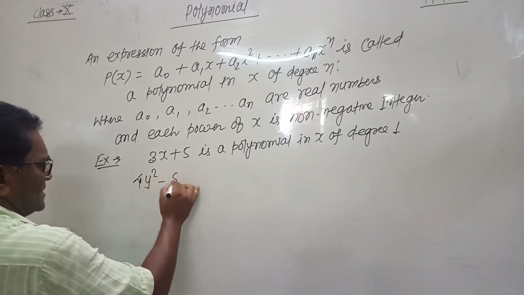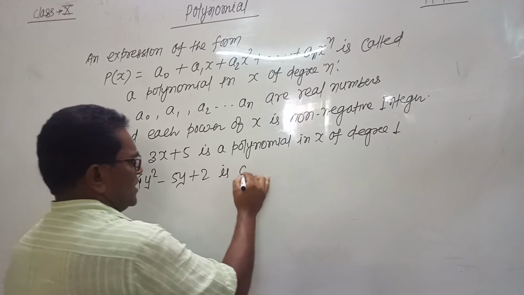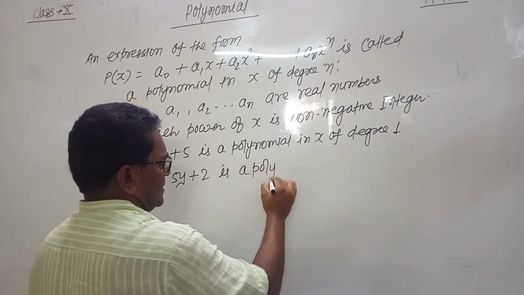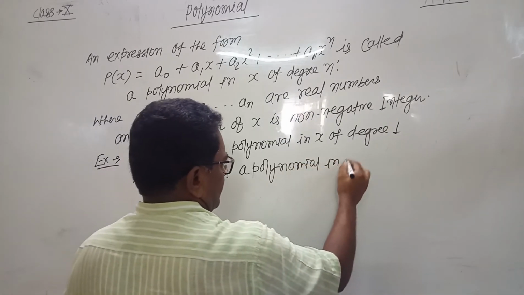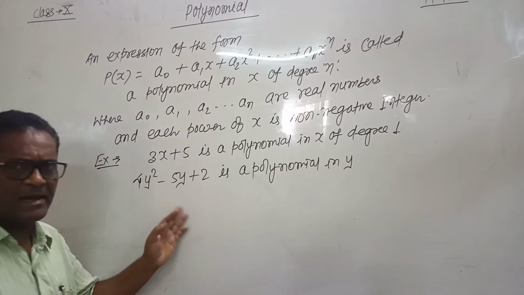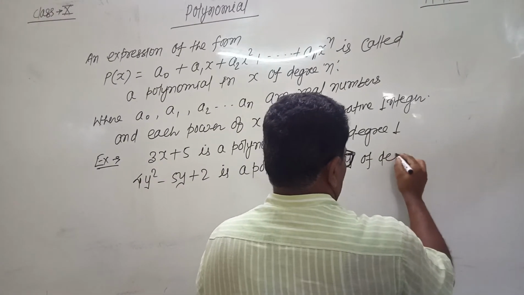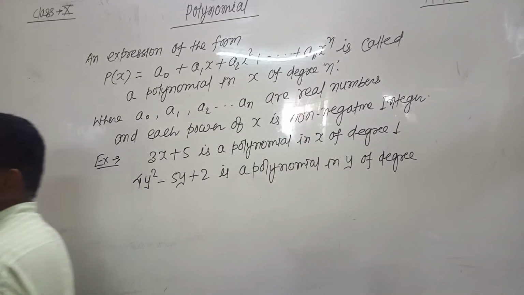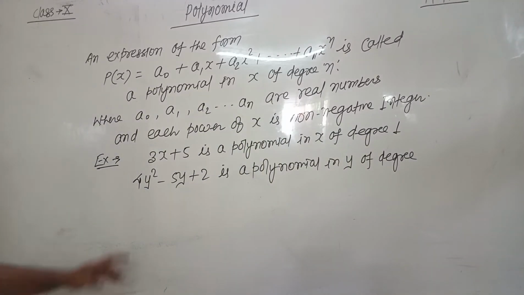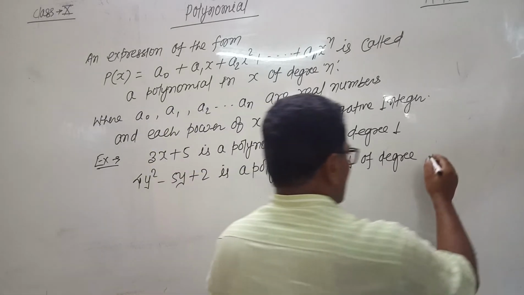4y square minus 5y plus 2 is a polynomial in y. So what is its degree? We see the highest power of y in this expression, and the highest power of y is 2.